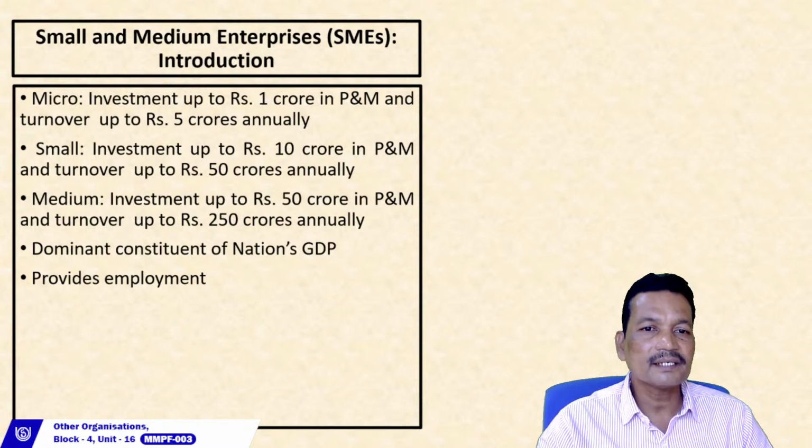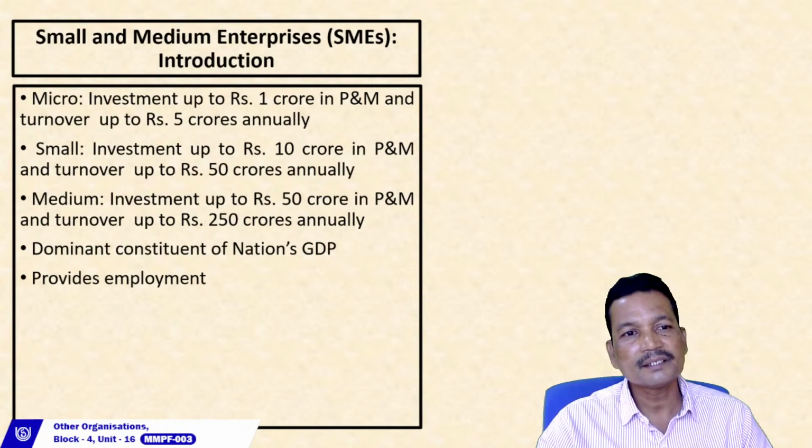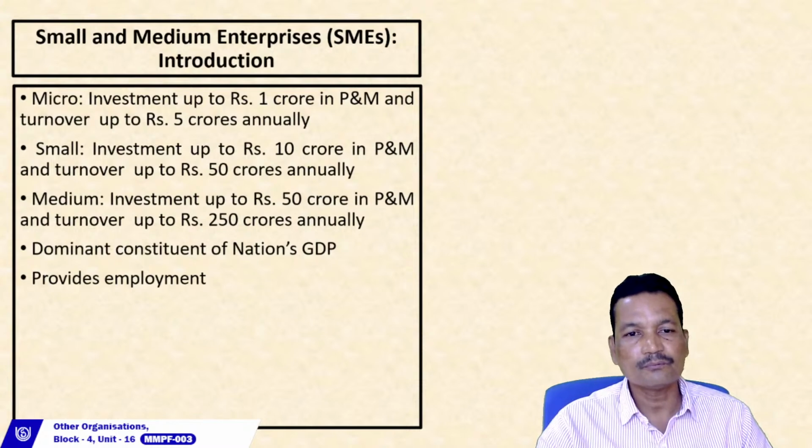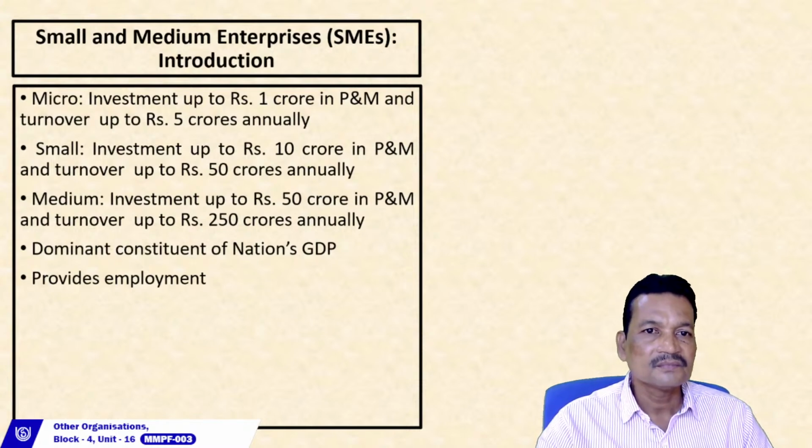Similarly, for small, it is 10 crores investment with a turnover of 50 crores annually. For medium enterprises, the investment is up to rupees 50 crore in plant and machinery, and the turnover may be maximum up to 250 crores.